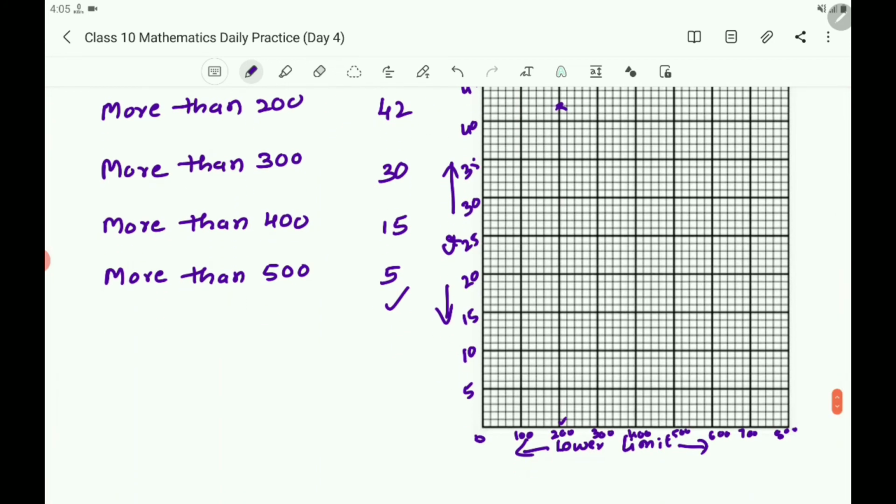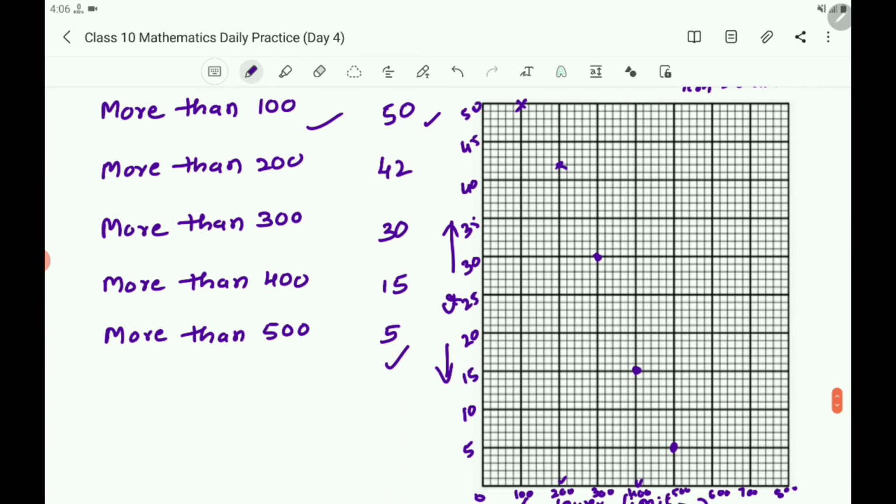Next 300, go straight to 30, you will get here. Then 400 you will get 15, and 500 is 5 here.